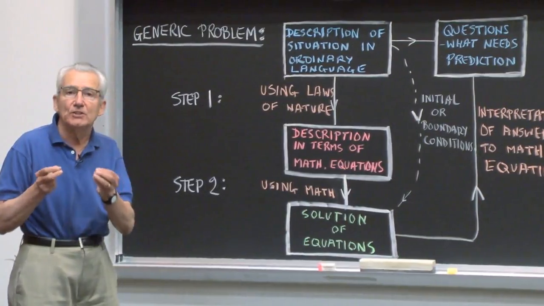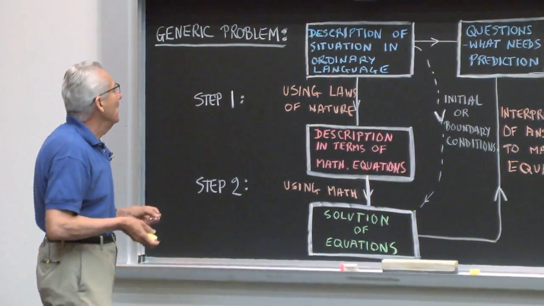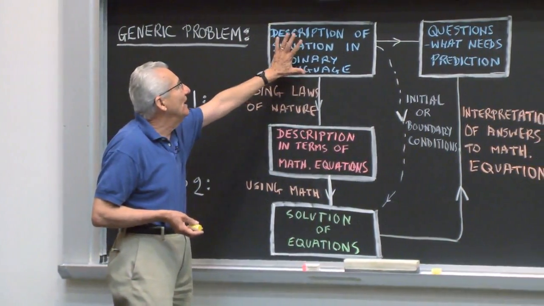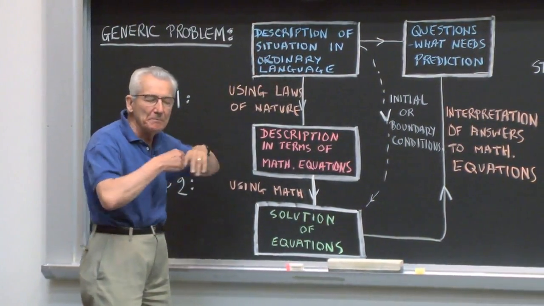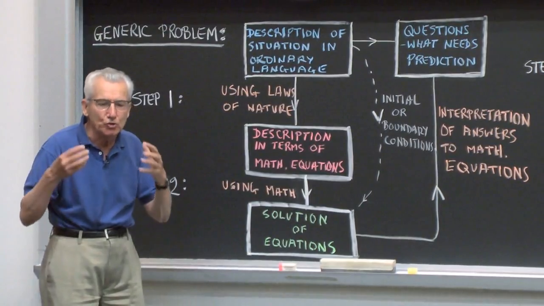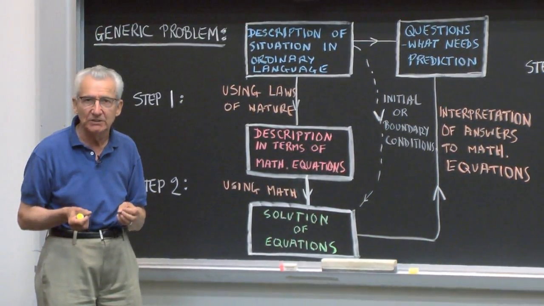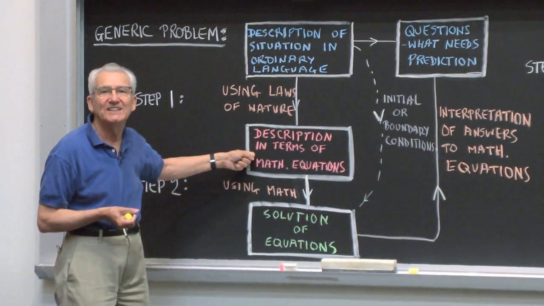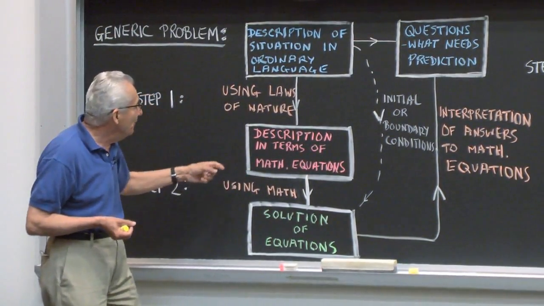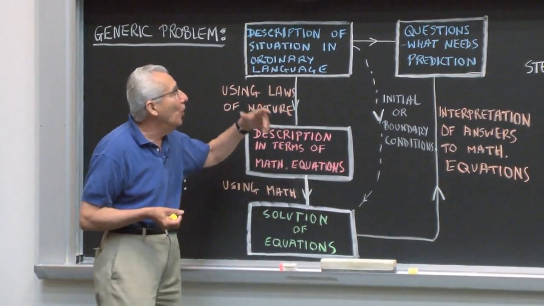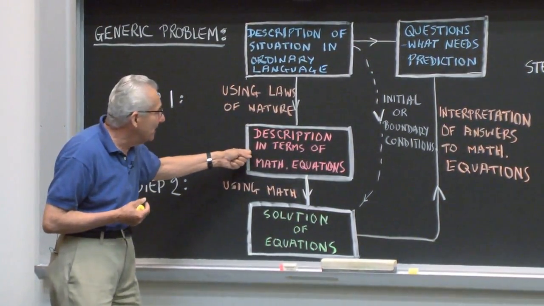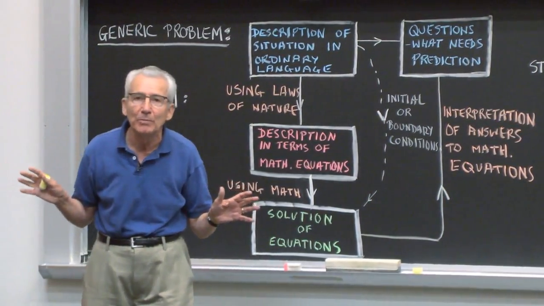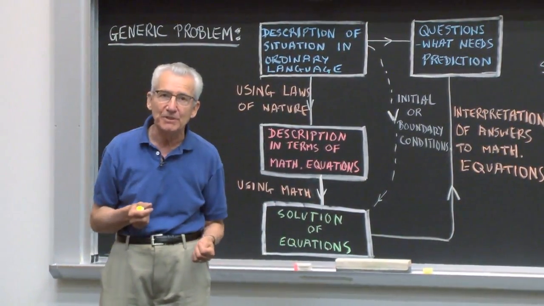Now, it so happens that if you take all driven harmonic oscillators, the mathematics that you end up with is identical. In other words, if I look at the description of the problem in mathematical terms, I cannot tell you to which problem that description belongs.